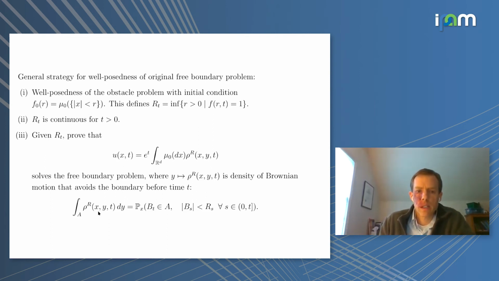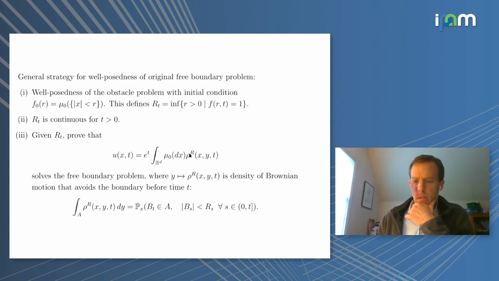So if you were to fix x here and integrate rho with respect to the y variable, you would get the probability that the Brownian motion starting at x is in the set A and has avoided the boundary for time between 0 and t. Okay? So some mass is lost at the boundary. That mass is recovered by this factor e to the t.